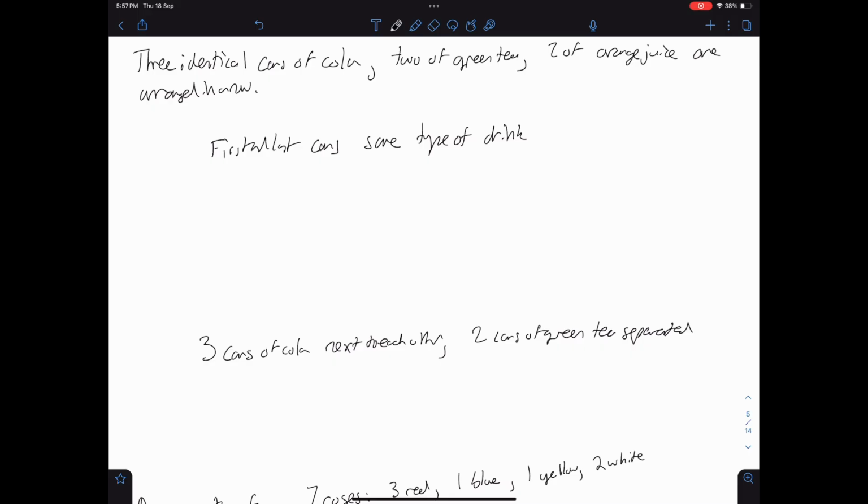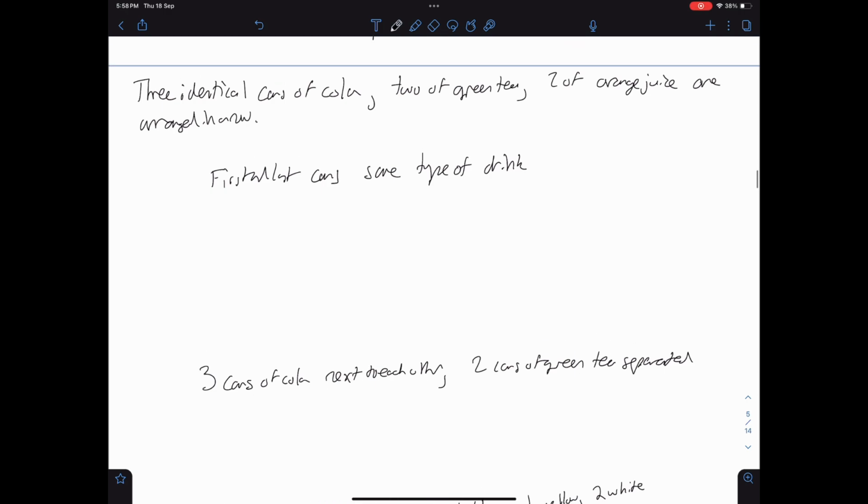And let's put it into cases, because remember we've got the problem of having 3 cola cans. If it was cola at the start and the end, or not, then we may or may not have to factor in different divisions to get rid of repeats.